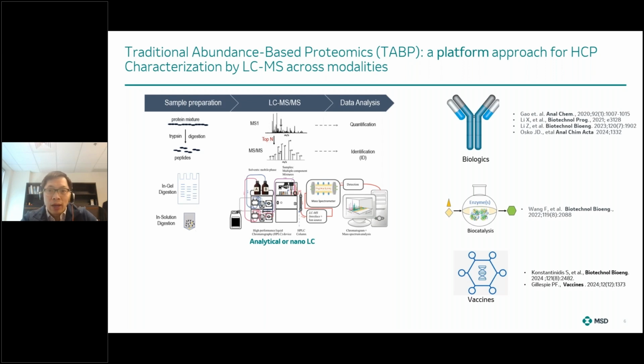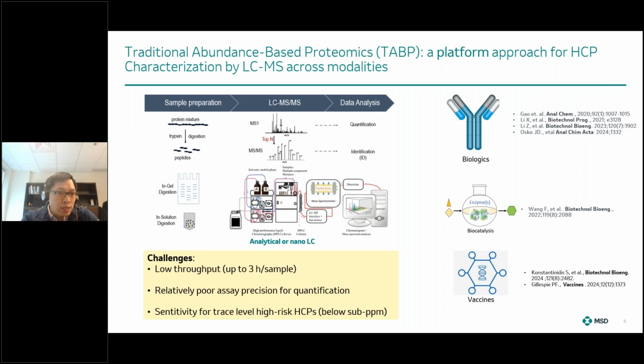At Merck, we have a rich pipeline across biologics, biocatalysts, driven small molecule synthesis, and also vaccines. And we have listed a number of papers leveraging this platform approach for HCP characterization across all these modalities.